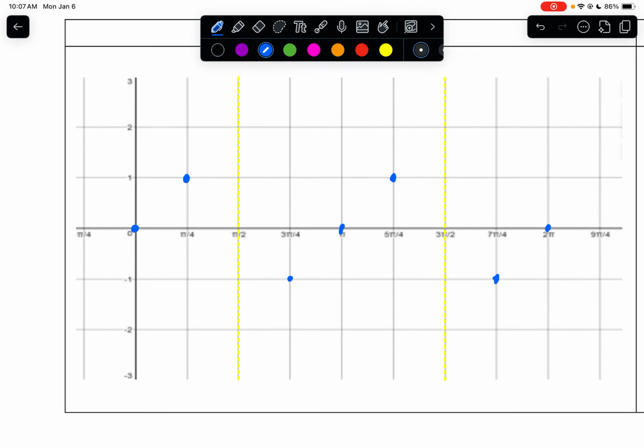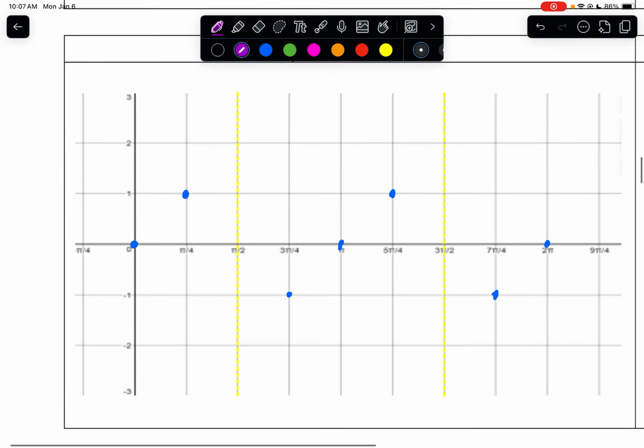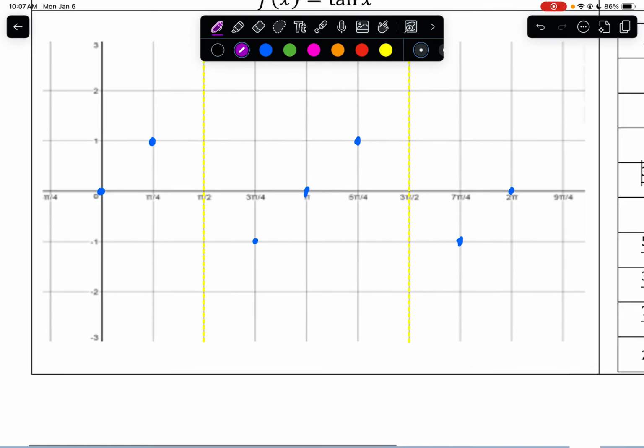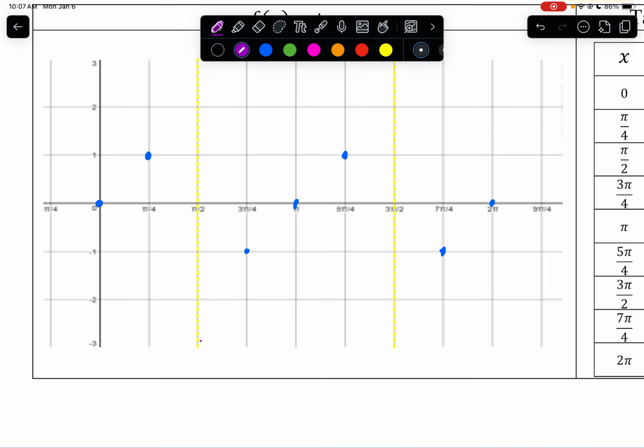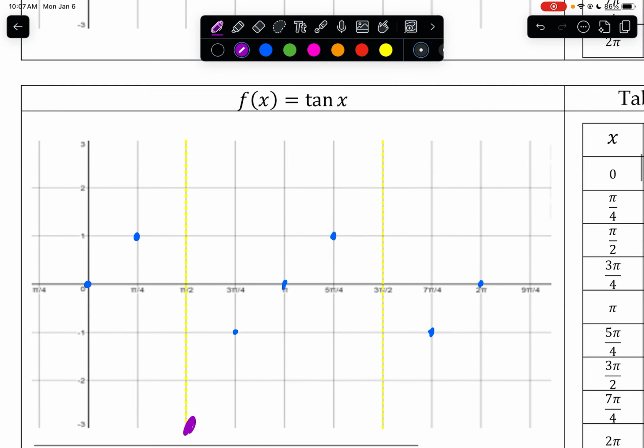All right, so for tangent, what your graph is going to look like, I'm just going to focus on just this middle section right here. So with these 3 points, I'm going to be starting at the bottom left over here in this section and then ending in the top right over here.